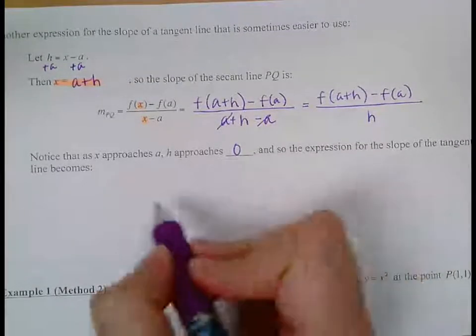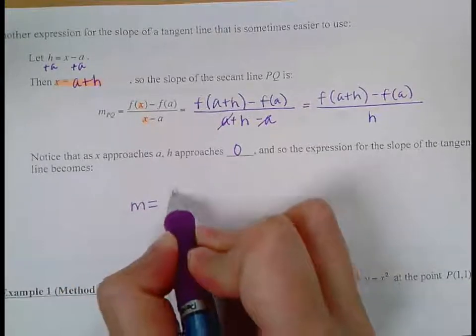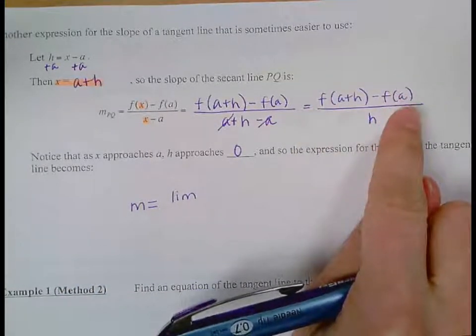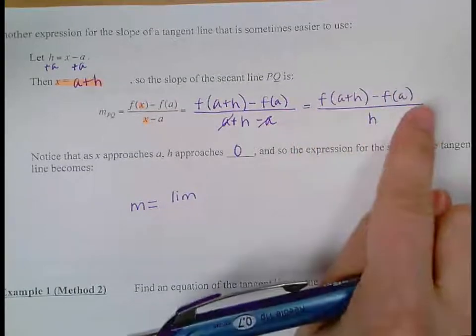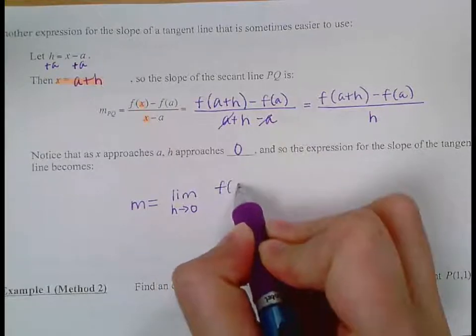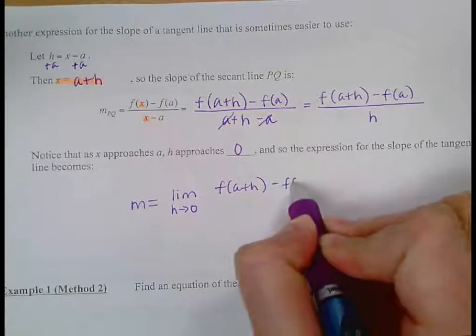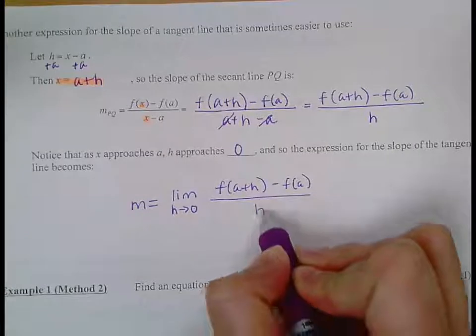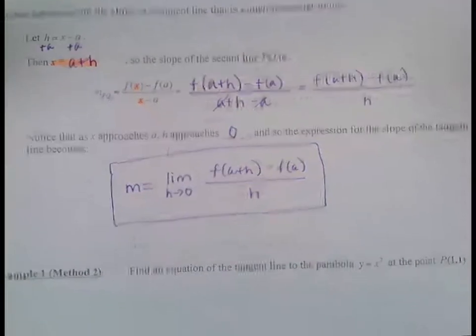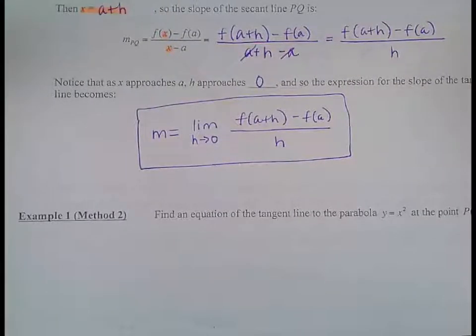So now as the slope of the tangent line, we have the limit as, and since I don't have an x, I no longer want to say as x approaches a, because x doesn't appear in this expression, as h approaches 0, of f of a plus h minus f of a all over h. This is just an alternative limit you can use to find the slope of a tangent line. And sometimes it's easier. It is really your preference, but sometimes the one with h is easier.